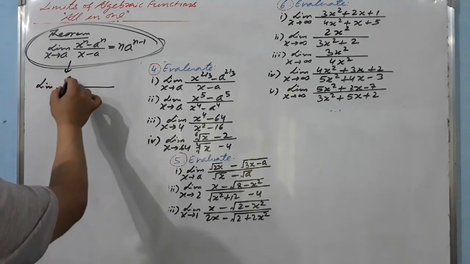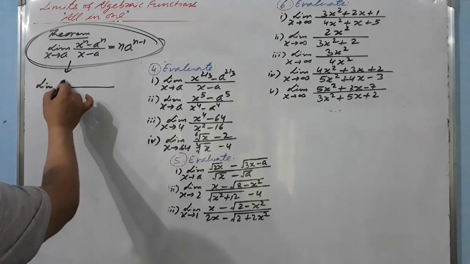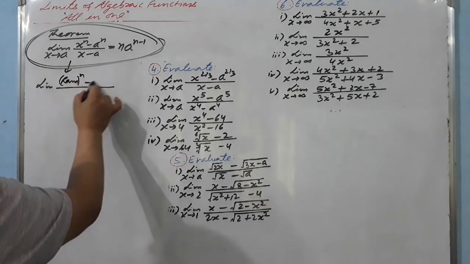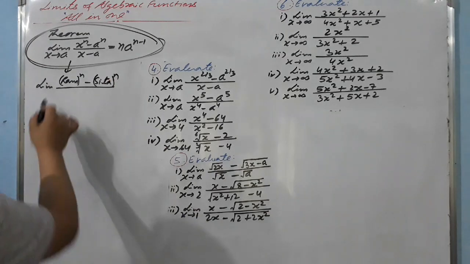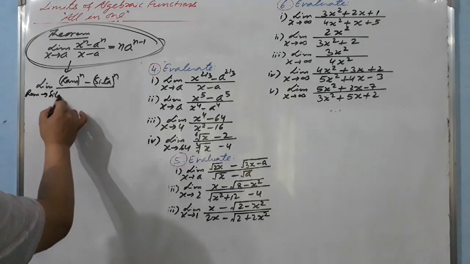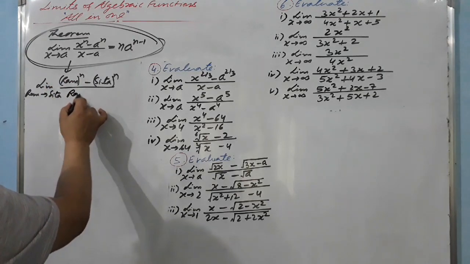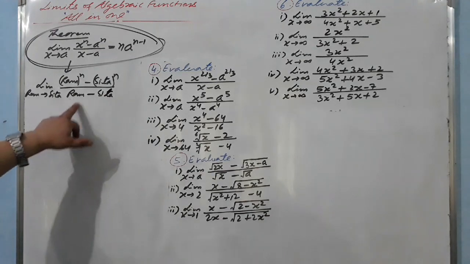Suppose any names: Ram raised to power n minus Sita raised to power n, and here Ram tends to Sita. See very carefully, and here Ram minus Sita. Listen to me, then only can we apply it.